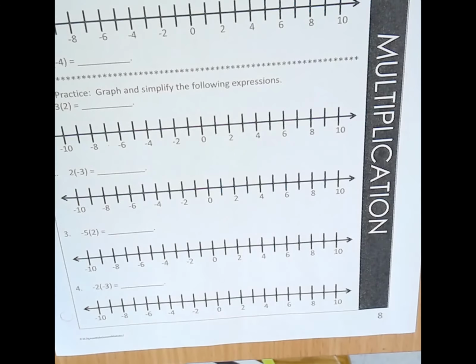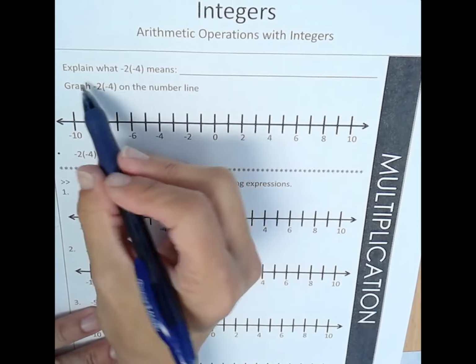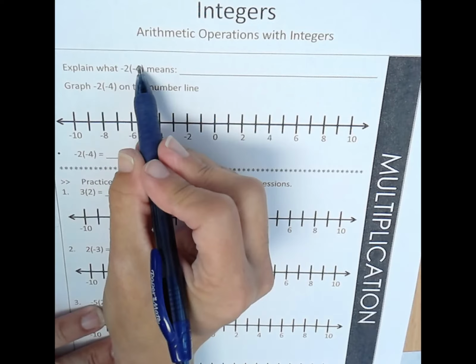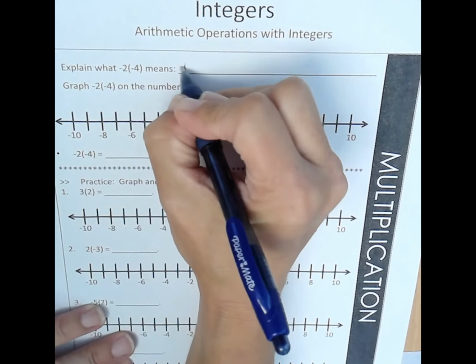Okay, let's look at the other page, or the back. Okay, this one gets a little tricky. -2 times -4, what that means is the opposite.